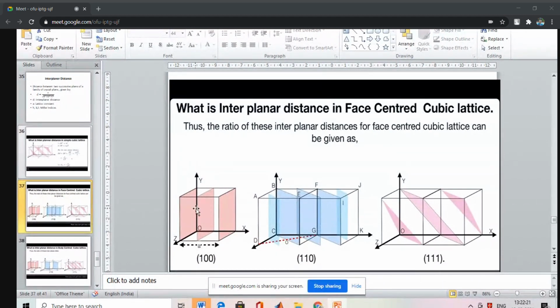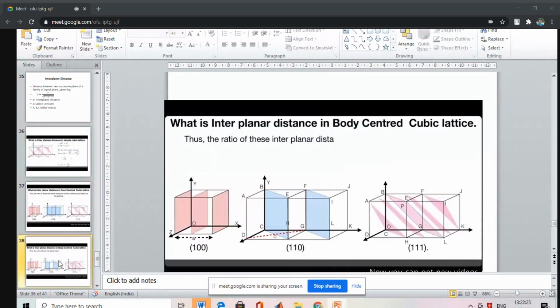But in FCC and BCC, here also there is one additional plane in between these two vertical faces of the unit cell. And this is the plane passed through the body centered atom of the unit cell in BCC. So this is also the additional plane in between two successive planes of the SCC. Okay, so will you remember this?